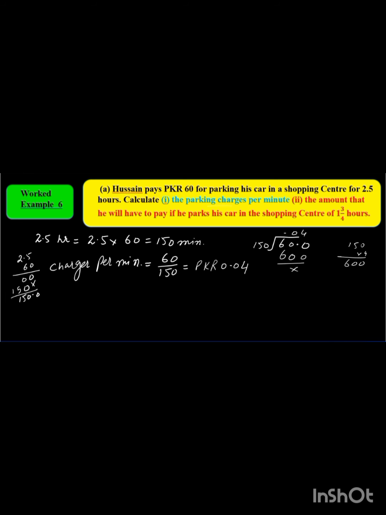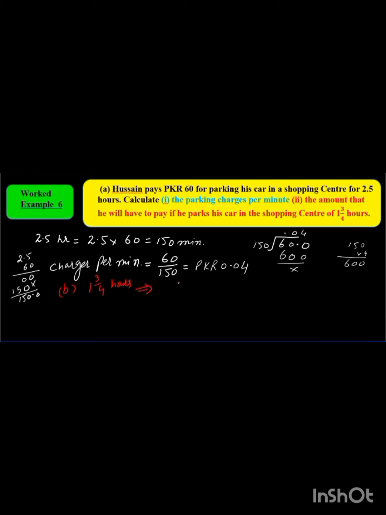The amount he has to pay if he parks his car in the shopping center for 1 and 3/4 hours. Now the second part, again the time is given in hours, 1 and 3 over 4 hours. So again we have to first convert these hours into minutes.